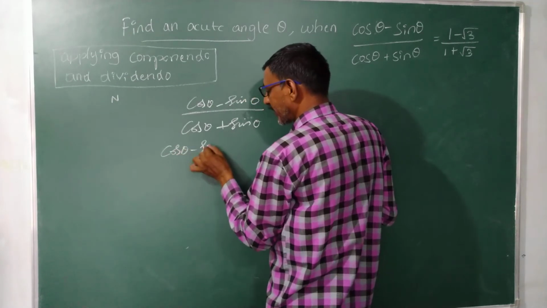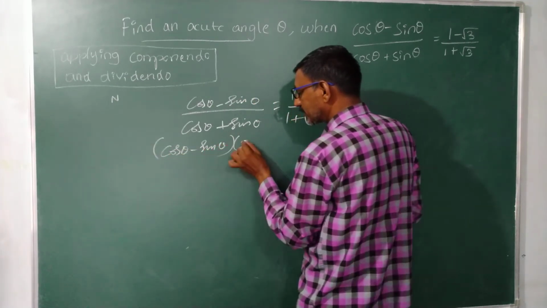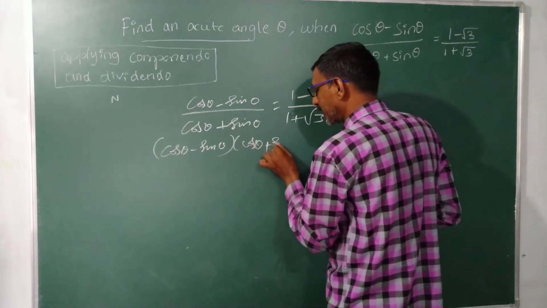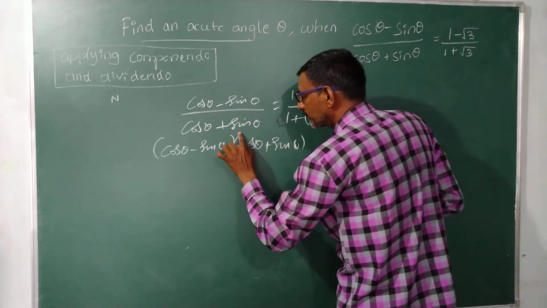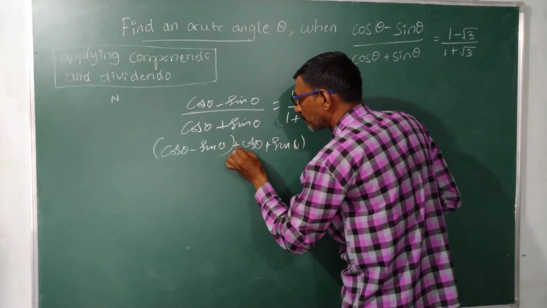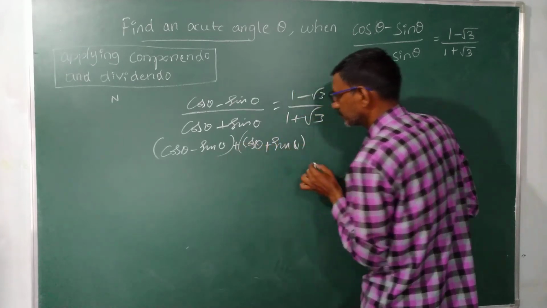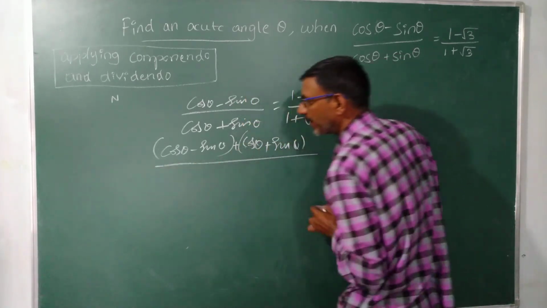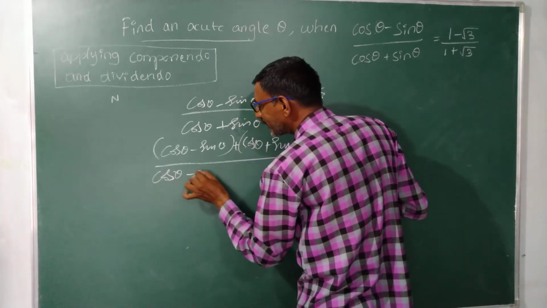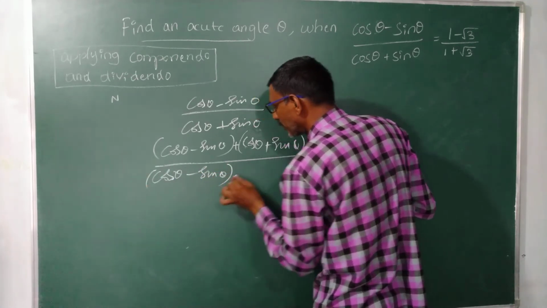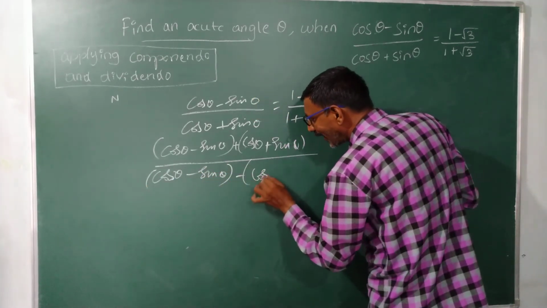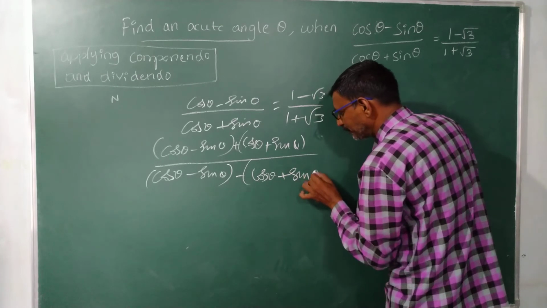Cos theta minus sin theta plus cos theta plus sin theta is divided by cos theta minus sin theta minus cos theta plus sin theta.